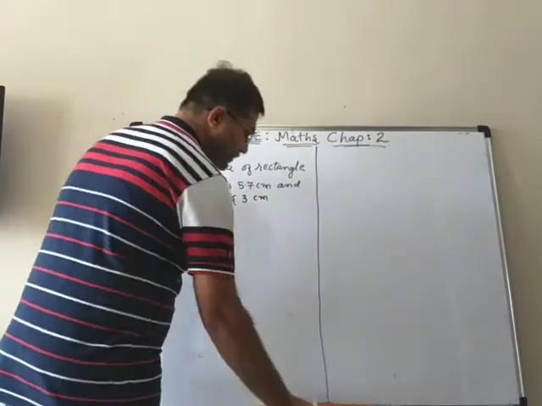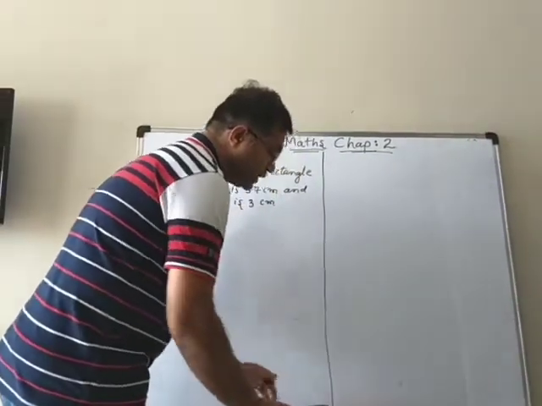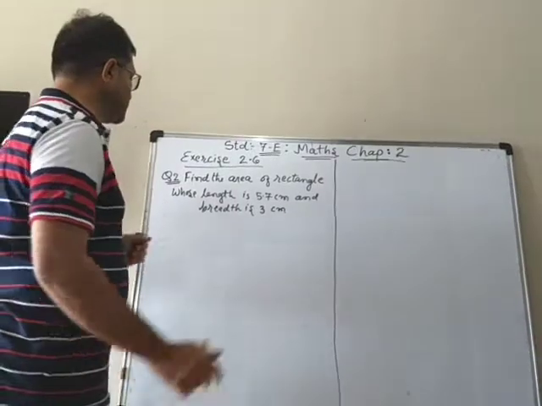So length and breadth of the rectangle are given, and we have to find the area of the rectangle.